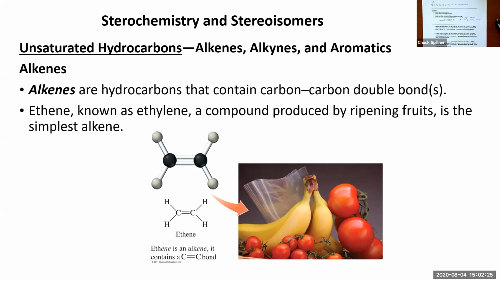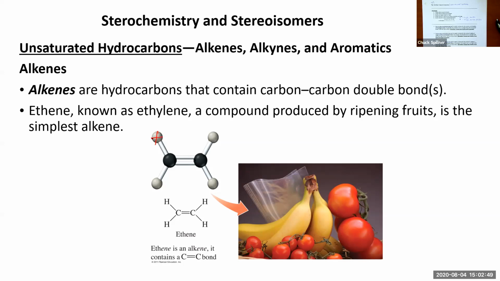So the simplest alkene is this one. It's called ethylene. Well, you can't have geometric isomers in this molecule because all of the atoms attached to the double bond are the same. But if we changed it a little bit, these are hydrogens.